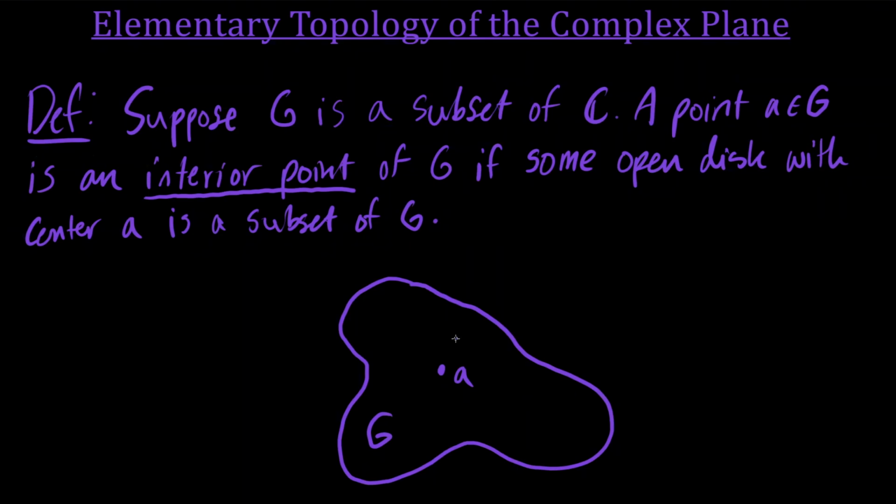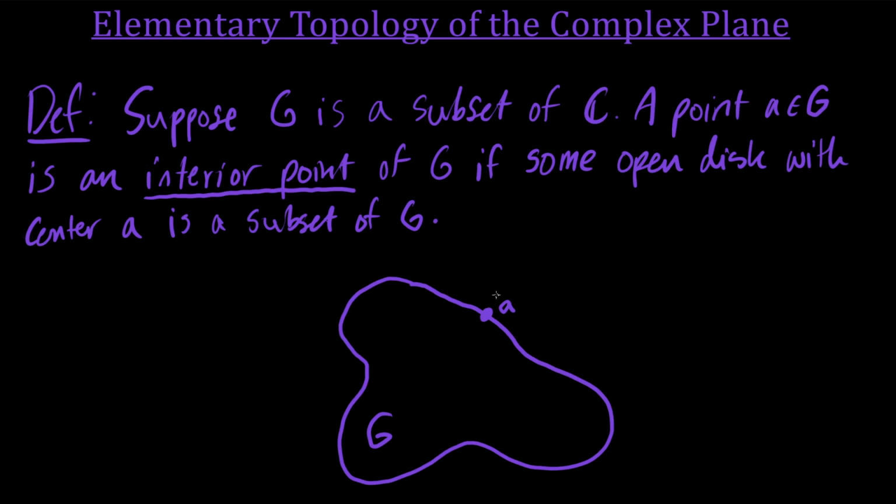And well, in this case, let's say we draw this open disk centered at A. Well, this open disk is a subset of G, so A is an interior point of G in this case. Now, what about an example of a point that is not an interior point? Well, this time, let's put A on the boundary of G, so right here. Can we draw any open disk centered at A such that the open disk is a subset of G?